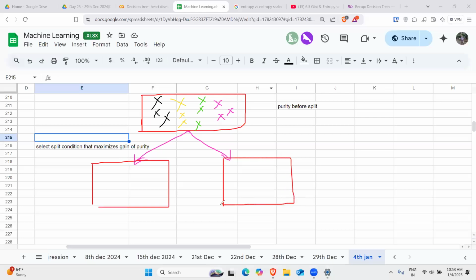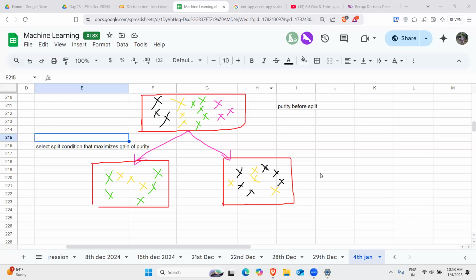Here we have 1, 2, 3, 4, 5, and these two classes; another has 1, 2, 3, 4, 5, 6, and here 1, 2, 3, 4.